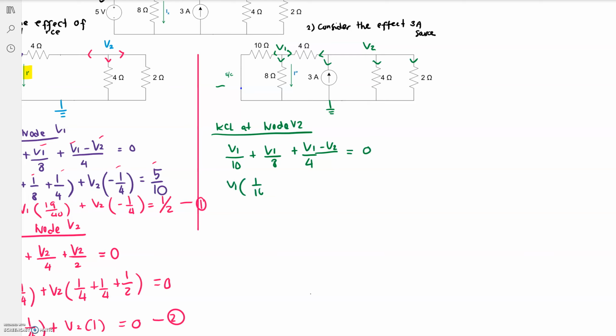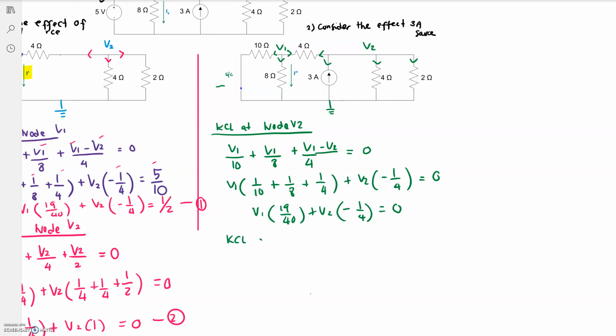So V1 times 1 over 10 plus 1 over 8 plus 1 over 4, plus V2 times minus 1 over 4, equals 0. The answer will be 11 over 40 for V1 plus V2 times minus 1 over 4 equals 0. And then KCL at node V2, sorry, I mean this is V2 actually.